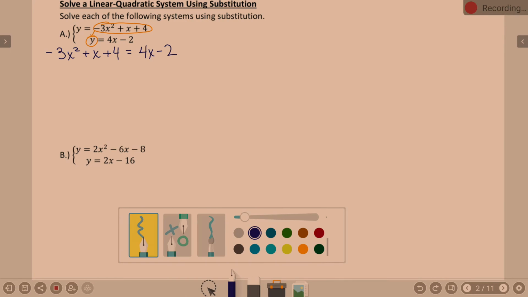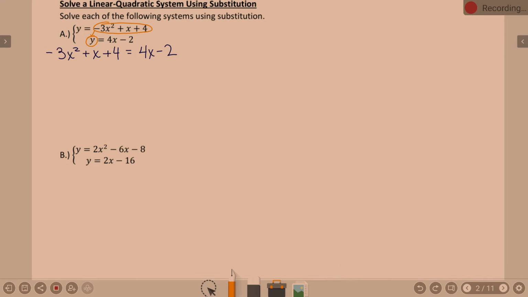I think I'm actually going to leave my negative x squared term for the moment. So if I'm going to make it equal to 0, I'm going to subtract 4x and add 2. And if I subtract 4x and add 2 on the right, I'm also going to subtract 4x and add 2 on the left.